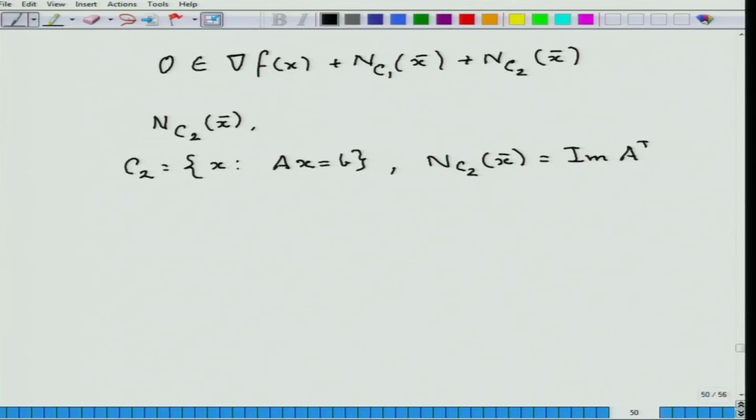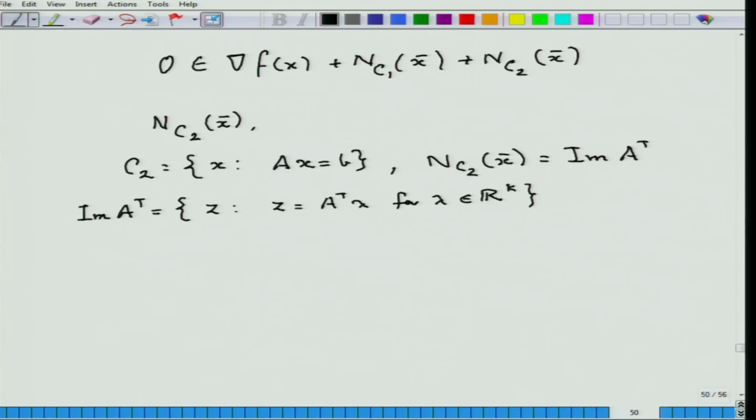And in order to do so, how would I go about doing so? So, what is the image of A transpose? If I have the image of A transpose here, then it is the set of all z such that z is equal to A transpose lambda for lambda an element of R^k.